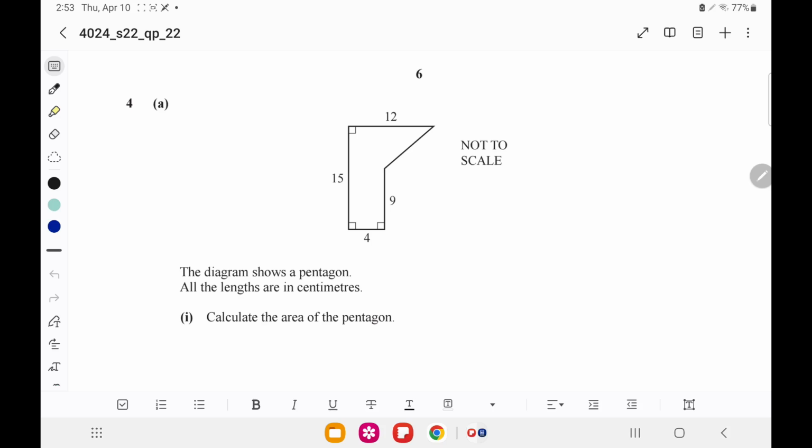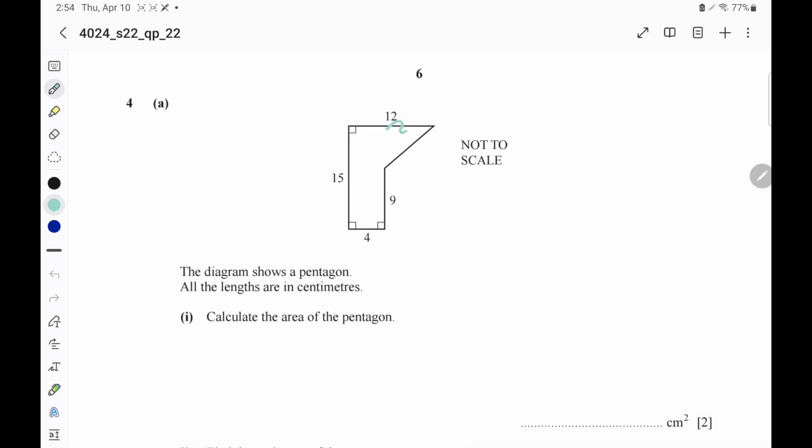Alright, in this pentagon we can see a triangle and a rectangle is attached together. If I just draw a line, you can see one of the shape is a rectangle and another is a triangle. Okay, so the first one, which is a rectangle, dimensions are 15 and 4.